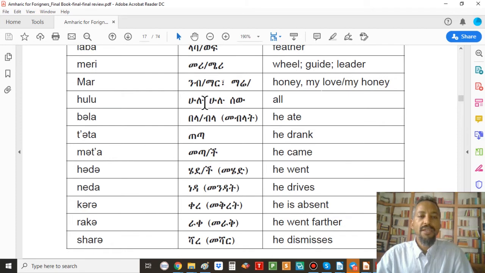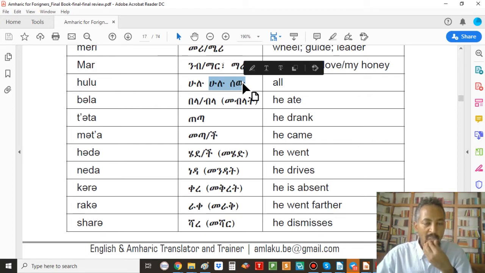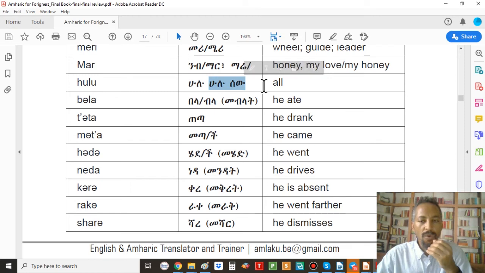And the next one, hulu. Hulu means all. Here, huluso is an example, not part of the word actually. Huluso, like all people. And the next word, bella.